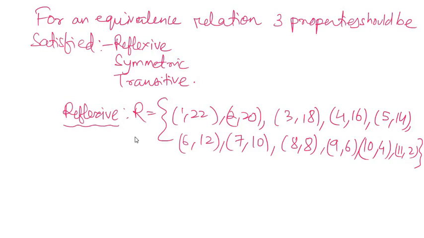Once you have got the ordered pairs, you can check whether it is a reflexive relation, because for being a reflexive relation you should have ordered pairs in this way: (a, a).